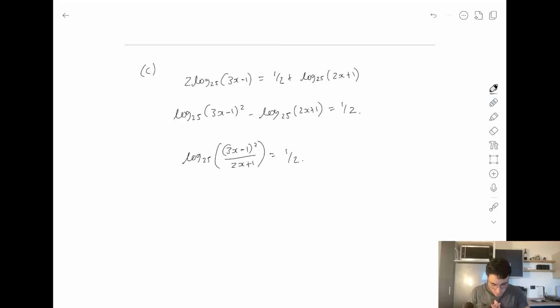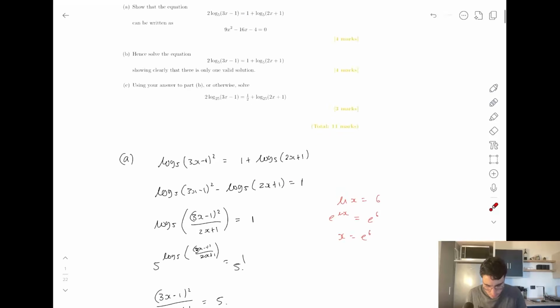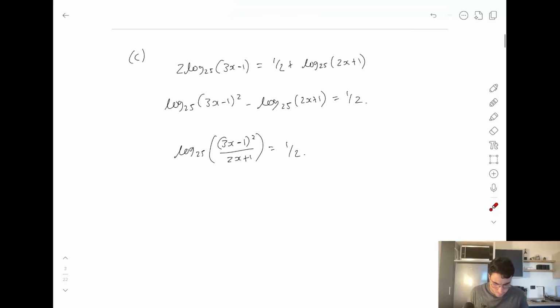Cool. Now what do I do? Well, what does it want? Hence or otherwise. So this is interesting, because if we were to raise this to the power of 25, we'd get root 25 on this end.